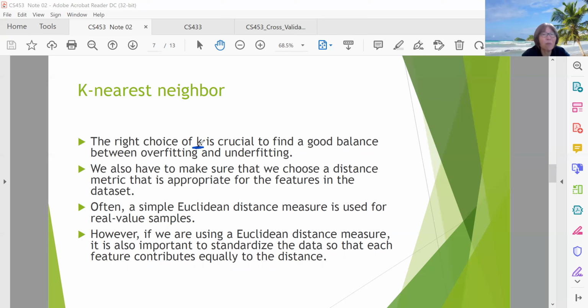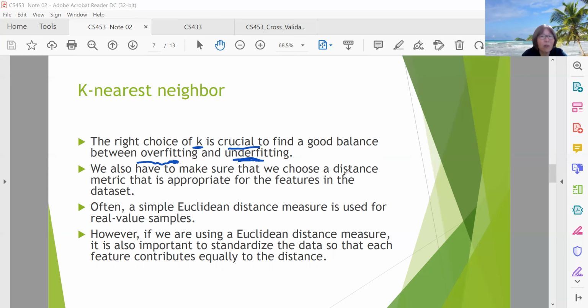Also, like we said previously, the right choice of the number of neighbors is very critical to find a balance between overfitting and underfitting. If you choose K too small, it can lead to overfitting, and if you choose it too large, it may lead to underfitting. So we need to find a balance.